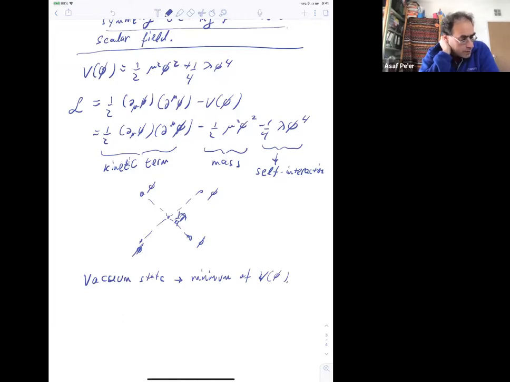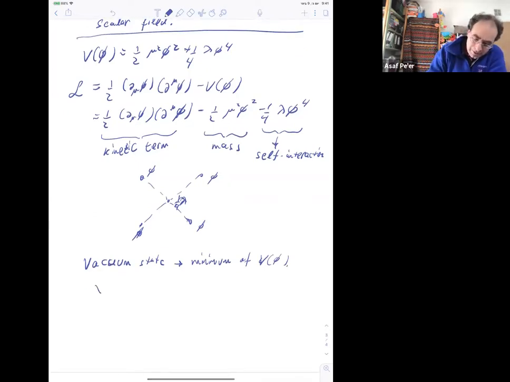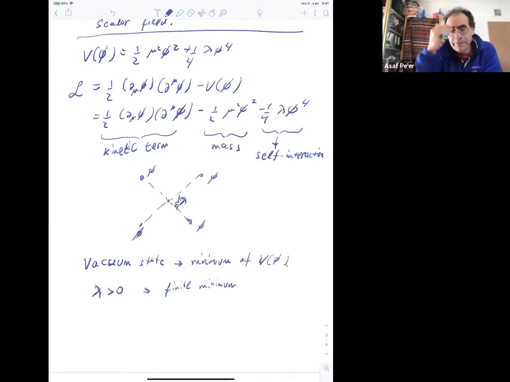That means that if we want the potential to have a finite minimum, lambda must be greater than 0. Because if lambda is negative, then the potential will go to minus infinity when phi goes to plus or minus infinity.